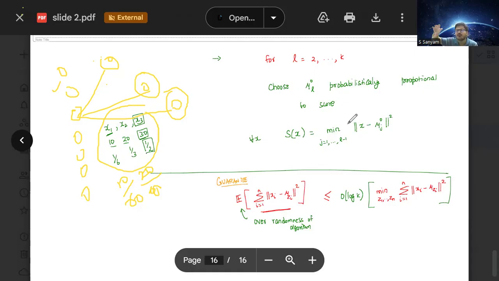Suppose you have three cluster means chosen, then the remaining n minus 3 data points are the proper candidates for the next cluster mean. For those n minus 3 data points, we take the minimum distance from any cluster mean, and we are trying to maximize that.